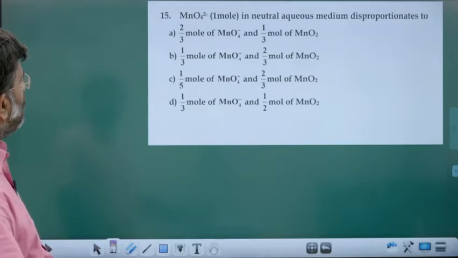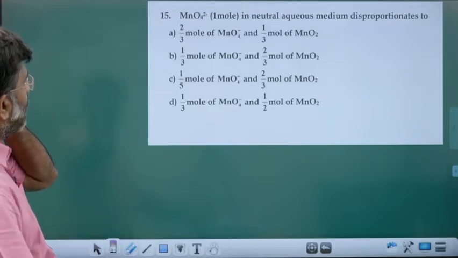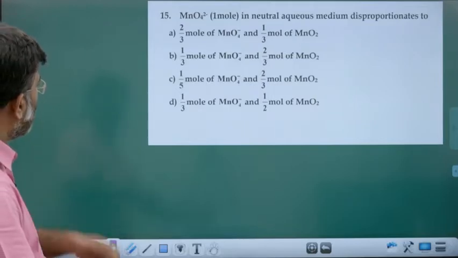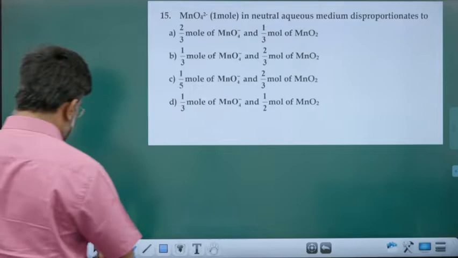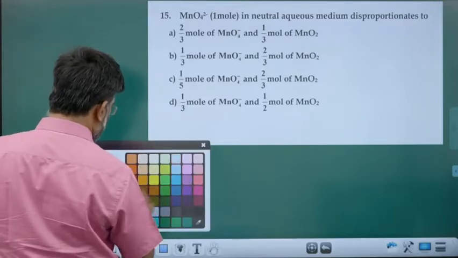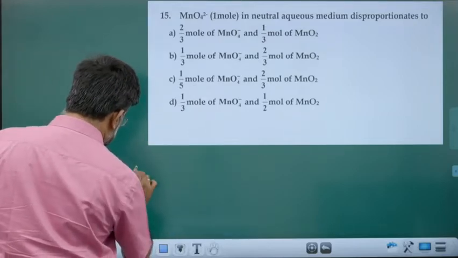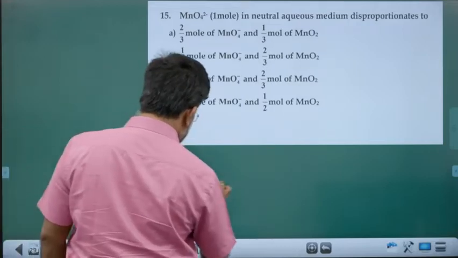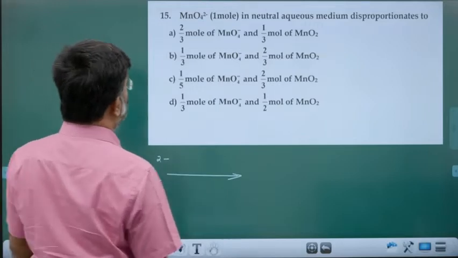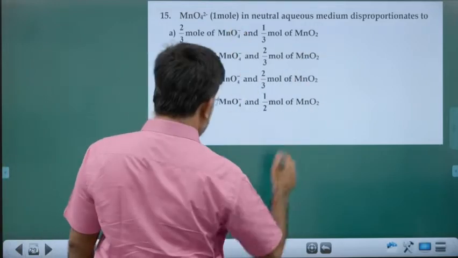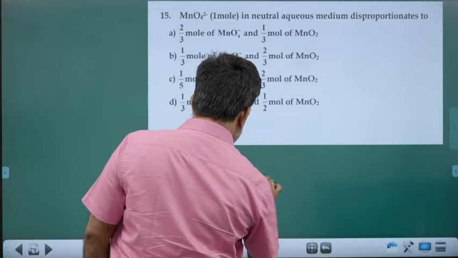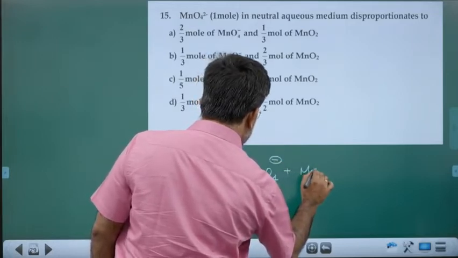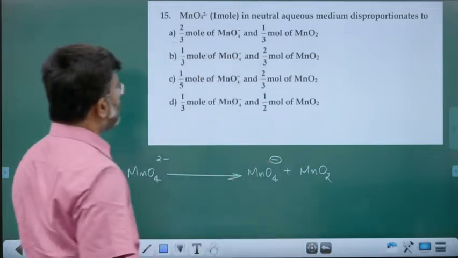Permanganate, sorry, not permanganate, manganate. Manganate 1 mole in neutral aqueous medium disproportionates to. Let's see. Manganate MnO4 2- is disproportionating to, see, the product is available from the choices, MnO4- and MnO2.